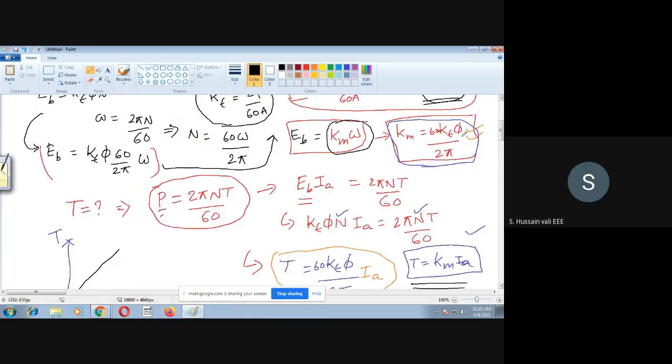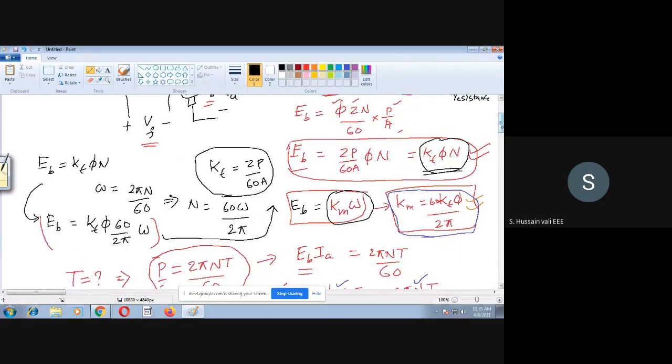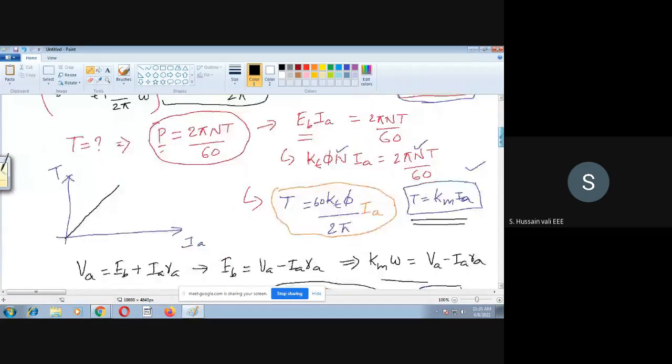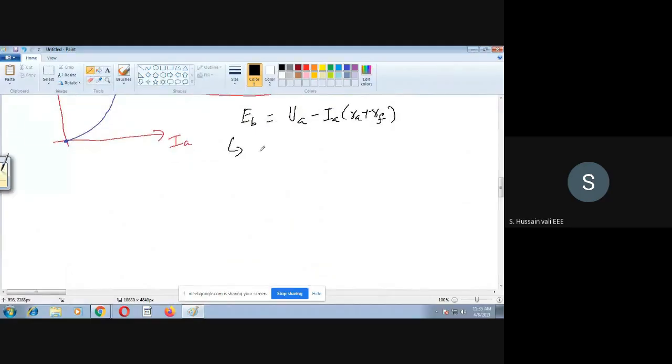One is Eb is equal to Km into omega, that is when you think phi is constant. But this time phi is not constant, you know this very well. So we have another equation, Kt into phi into n. That equation we bring here. So Kt into phi into n is Eb, and that is equal to Va minus Ia into Ra plus Rf.